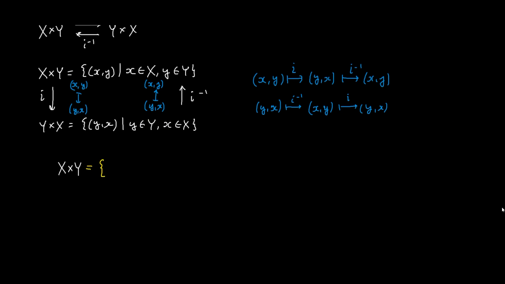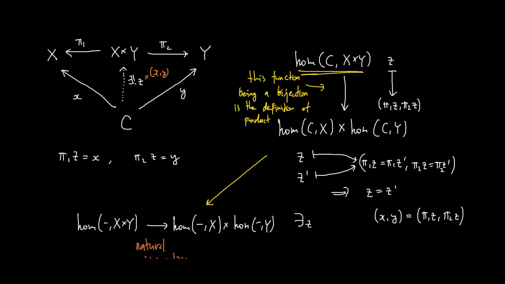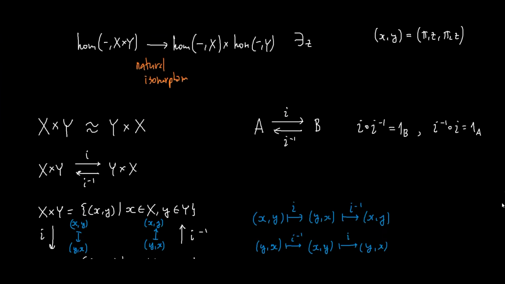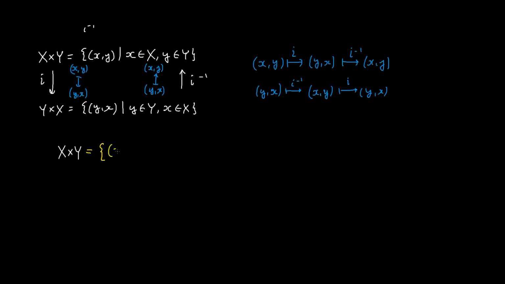As a generalized set, in other words, for each fixed C, the set is essentially the same as the Cartesian product, right? So we're going to think of it as the set of ordered pairs, where x is a generalized element of x, but now I'm going to put a subscript C here. I'm going to explain in a moment what I mean by that, and y is a generalized element of.